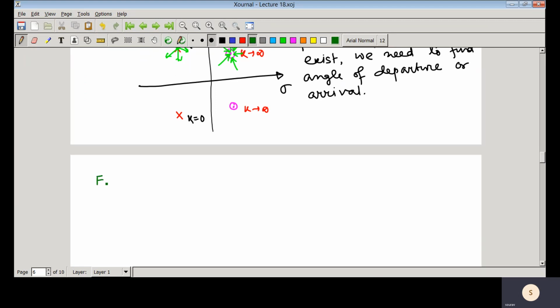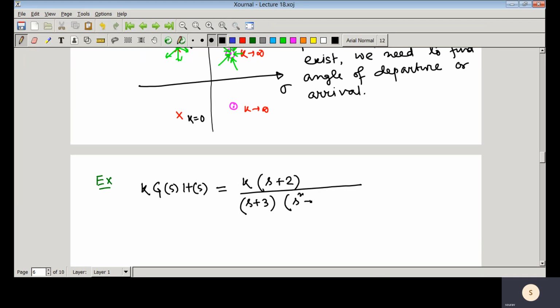So suppose we have one loop transfer function, that is K G(s) H(s) equal to K (s plus 2)(s plus 3) over (s square plus 3s plus 2).